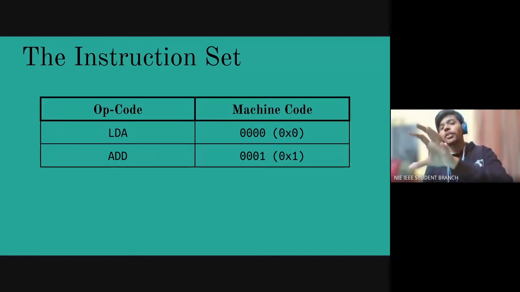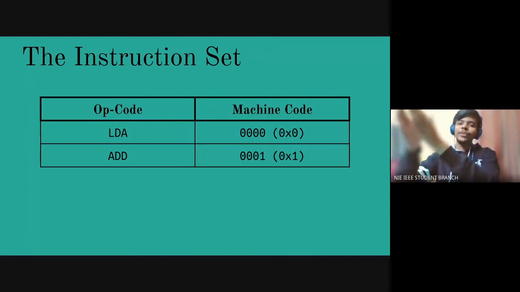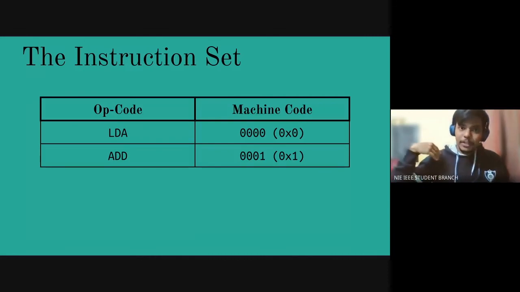Then it adds that to what's in the accumulator, puts the result onto the bus, and it goes back to the accumulator. So at the end of the add instruction, the total sum will be stored back into the accumulator. The accumulator data will be lost and replaced with the result of this addition operation.